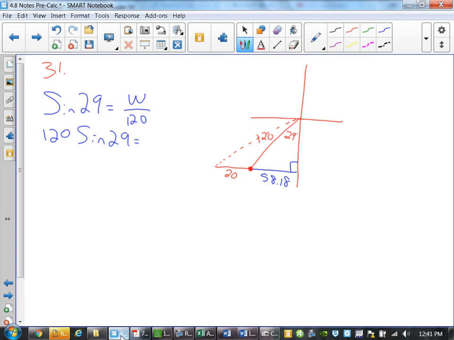If we're trying to figure out the angles, that's going to be this angle here. You okay with that? So we know that that angle has an opposite. That opposite is 78 and change. You okay with that?